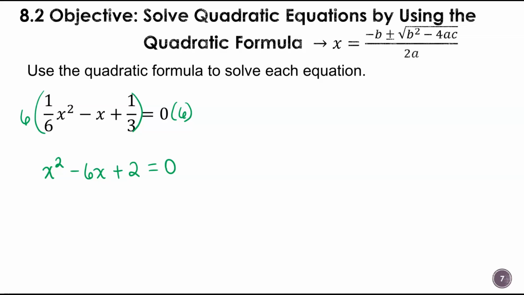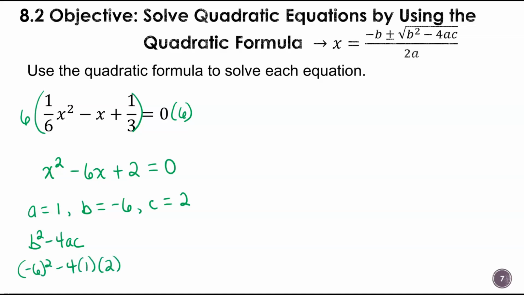All right, so let's identify our a, b, and c. And then we're going to find b squared minus 4ac. So negative 6 squared minus 4 times 1 times 2. So that is 36 minus 8, which is 28. So there's my discriminant, 28.